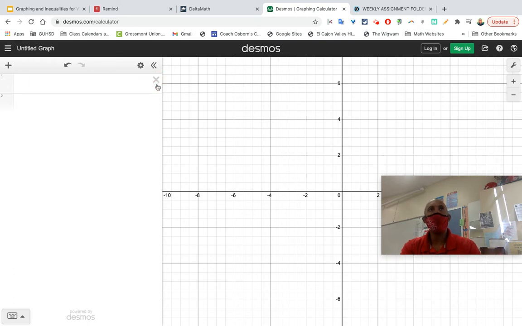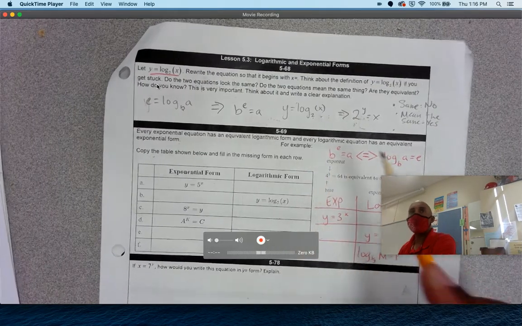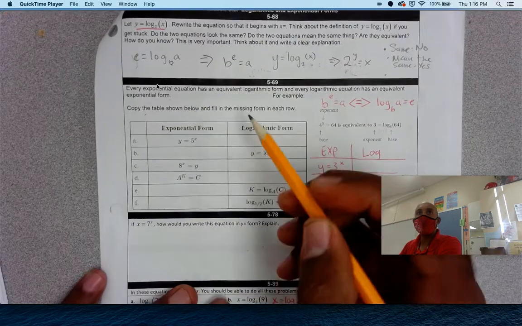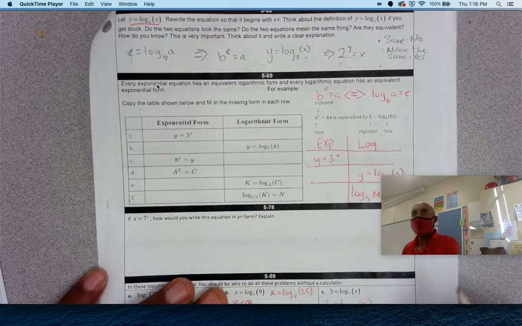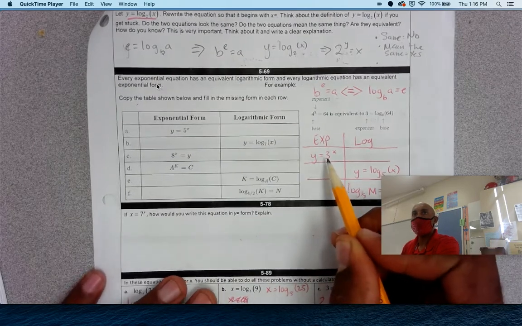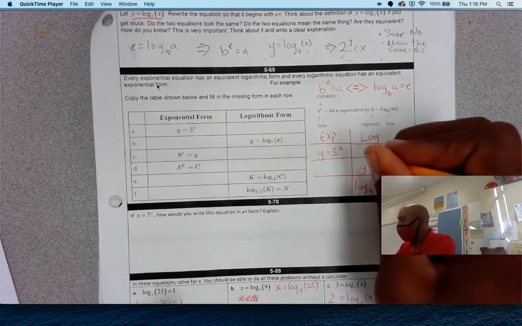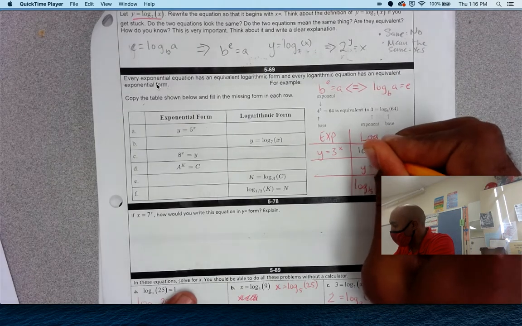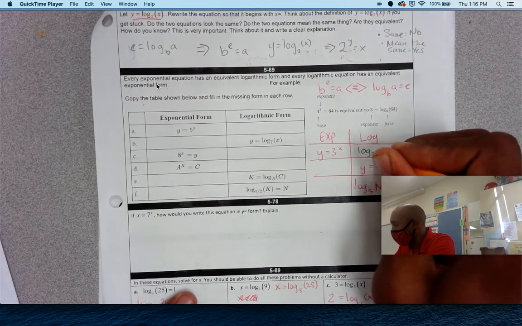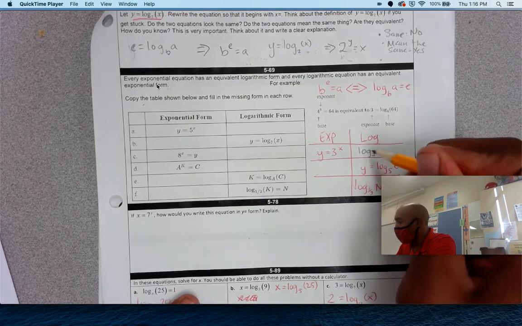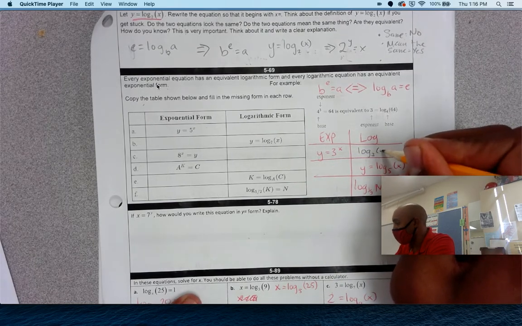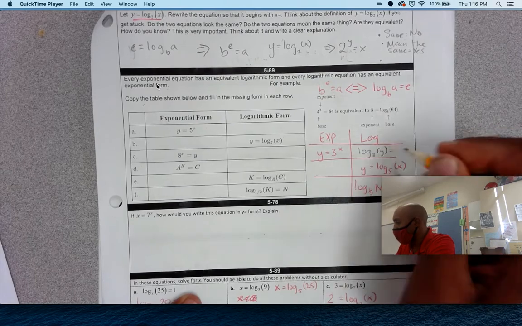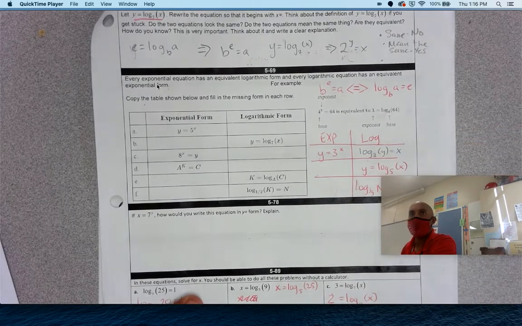Now the next problem is taking all these different forms and changing them the other way. If I start with y equals 3 to the x, I write log base 3, because 3 is my base, and then of a is the variable over here, y, and that equals the exponent, x.